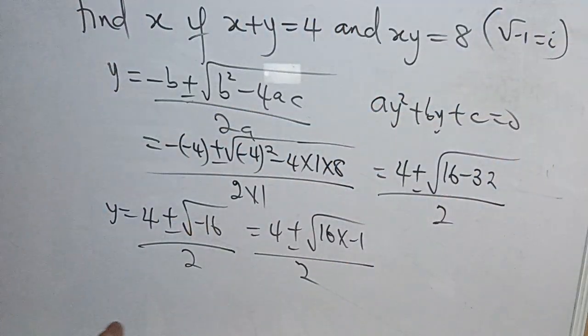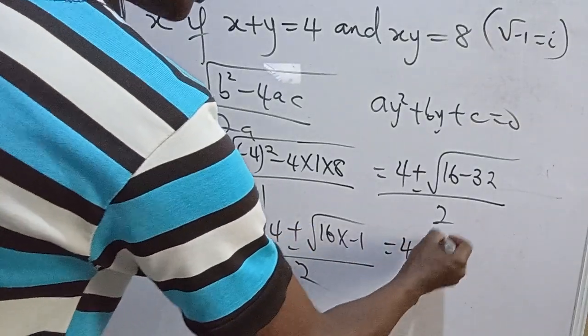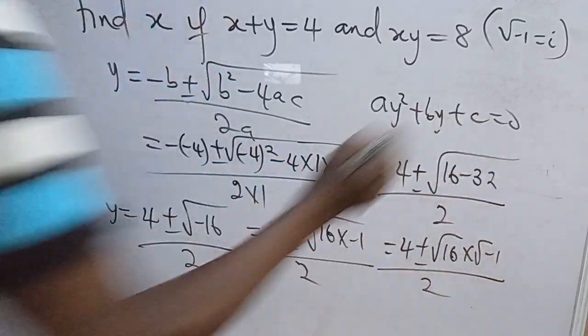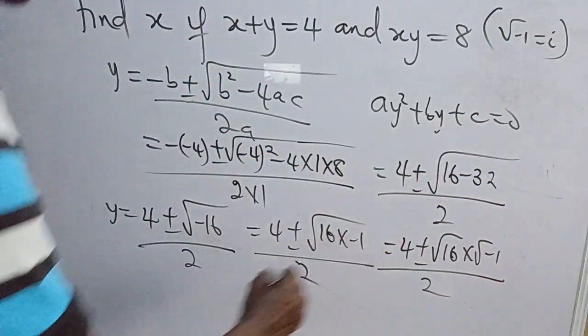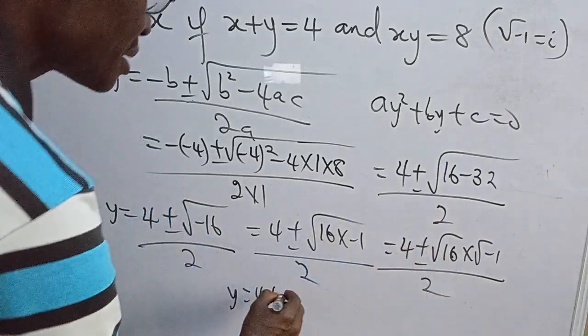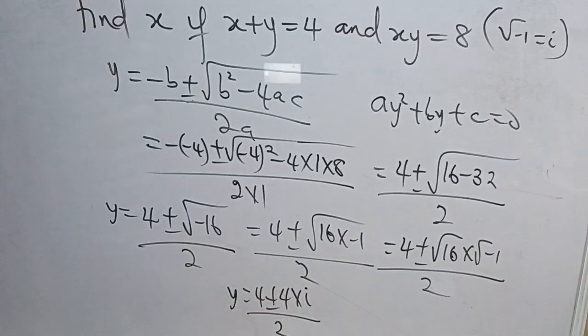Okay, so that means we can write this as 4 plus or minus the square root of 16 times the square root of minus 1, all over 2. So y is equal to 4 plus or minus the square root of 16, which is 4, times i, all over 2.